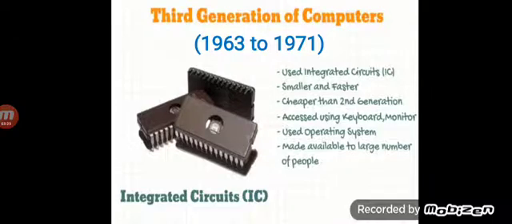Right? This again made the computers smaller, faster and cheaper than earlier computers. They were accessed using keyboard and monitor, even had an operating system, and were made available to a larger number of people now. Examples include IBM 360 and PDP-11.